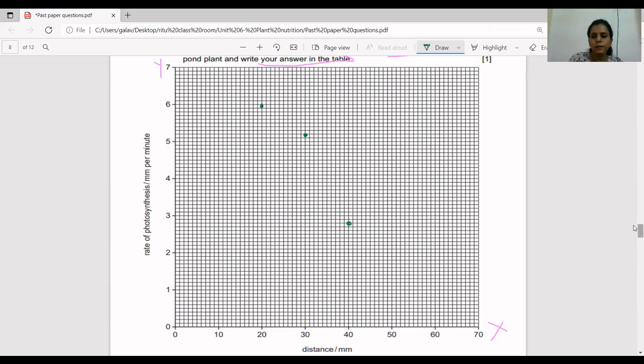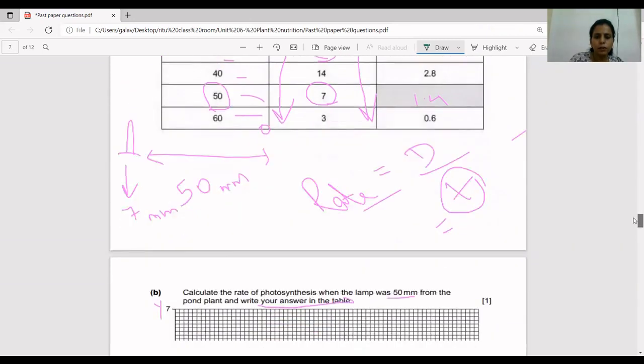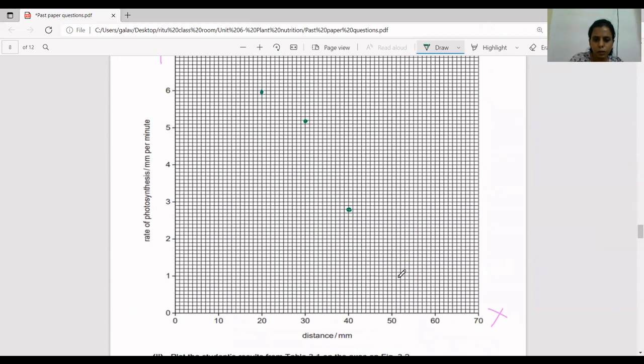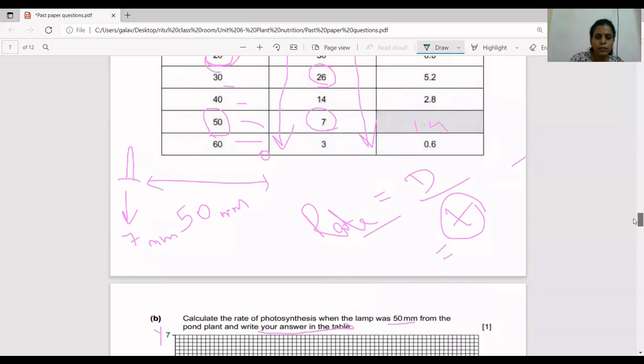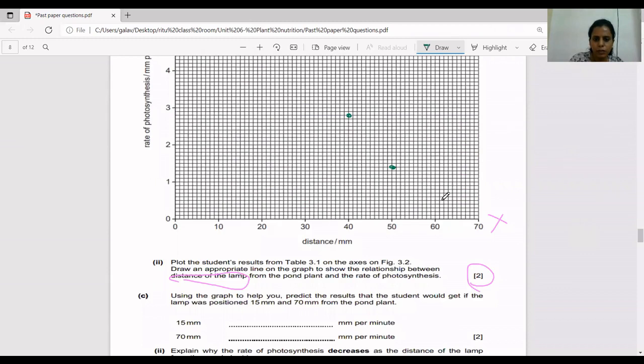At 50 millimeter it is 1.4. And last at 60 millimeter it is 0.6.